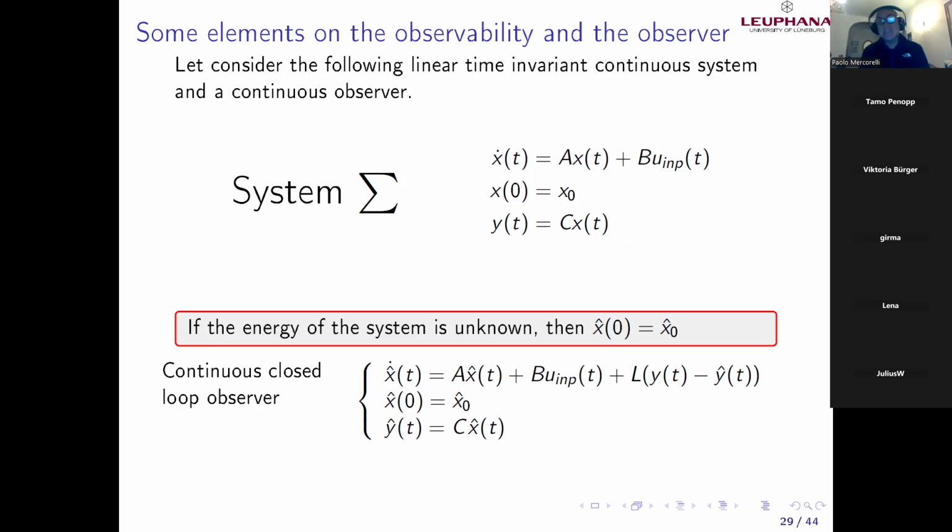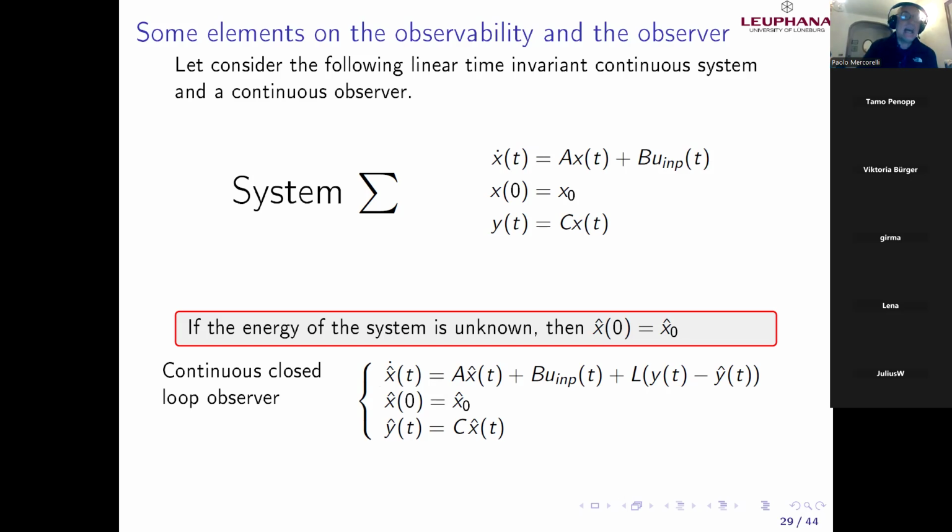This means x0, the initial condition of the energy of the real system, is x0, but in its representation, not exactly the same.